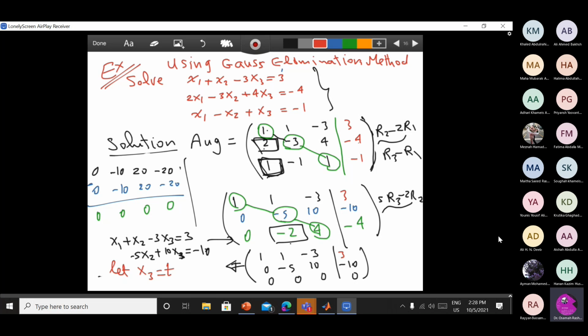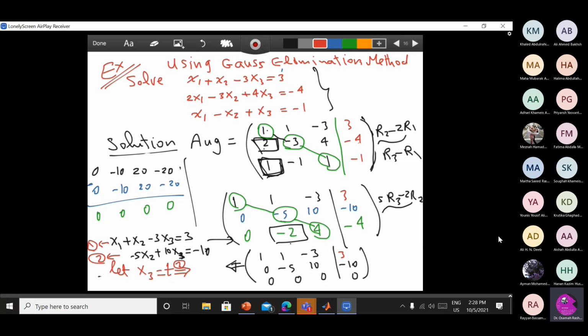So I have only two equations, 1 and 2. So x3 is a free variable now. So you can let it be 1, half, root 2, whatever. Just to be fair, I will leave it for any constant t or c or whatever. Now I substitute in 2.